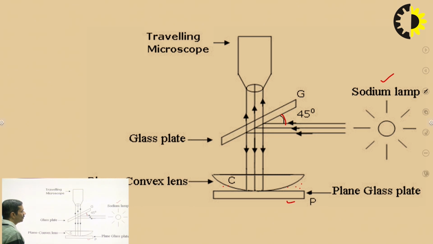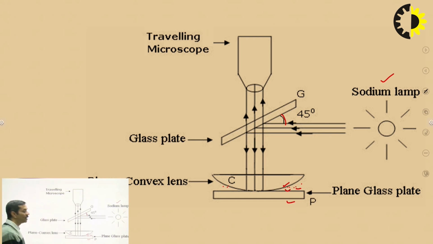Light is reflected from the lower surface of the film, that is, the upper surface of the plane glass plate, and another ray is reflected from the upper surface of the thin film, that is, the lower surface of the plano-convex lens.